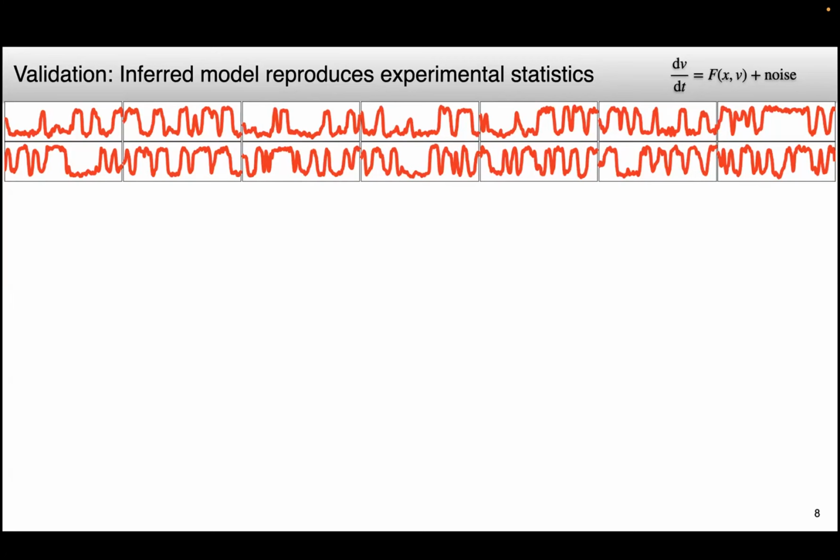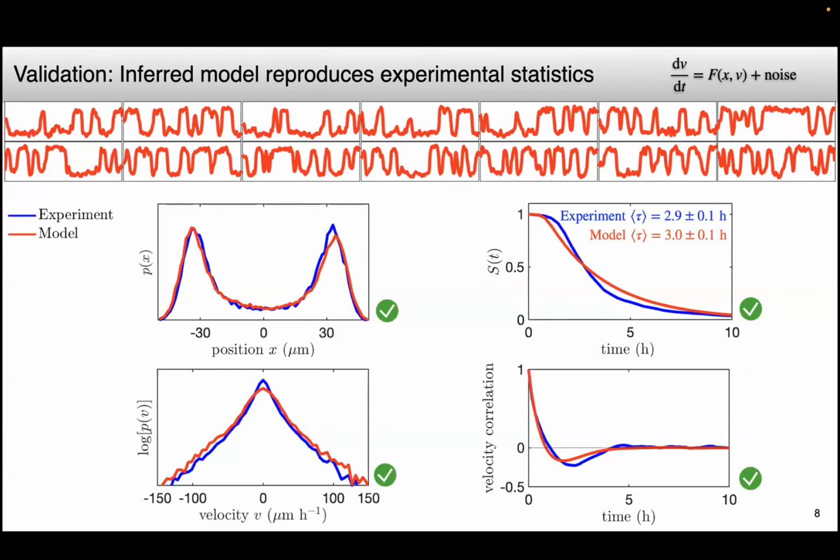But when we do this for this underdamped class of models, we find that a model constrained on short timescale information can capture quite adequately long time behaviors like steady state probability distributions of position, velocity, a survival probability, the probability that the cell has not yet made a jump after a certain amount of time, and a velocity correlation function.